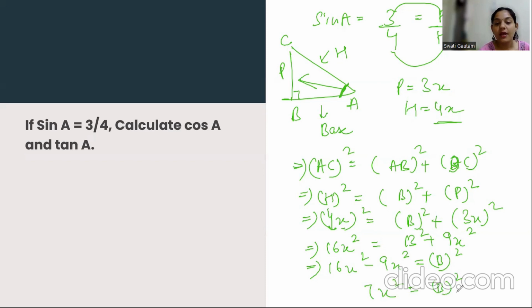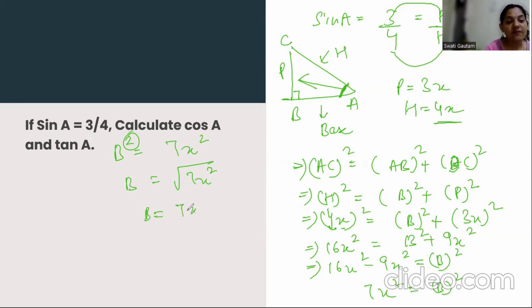So b square is 7x square. What is b here? Because b square is equal to 7x square, this square will change its side and it will become square root. So base is equal to under root 7x, right?